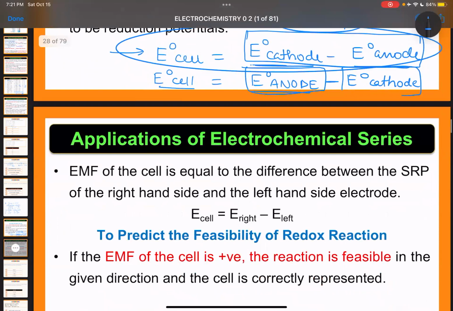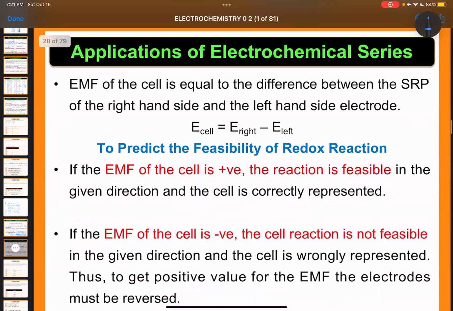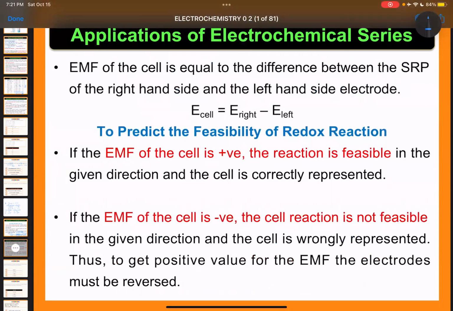So we can find the electrode potential, but that is only under standard condition, when the concentration is 1 molar, temperature is 298 K, and pressure is 1 bar. If you change the temperature or the concentration, then the electrode potential is not going to be standard. How to calculate that? We use the Nernst equation for that.